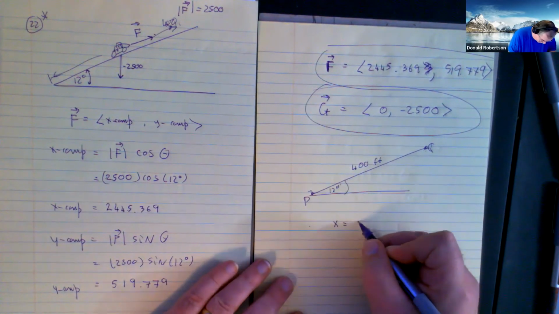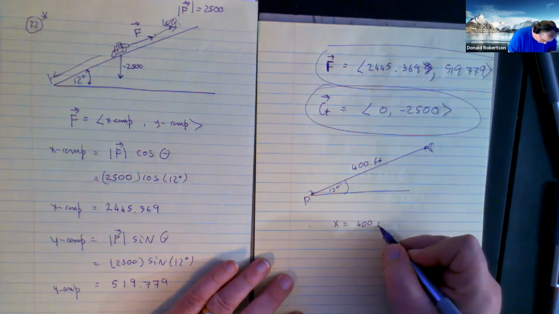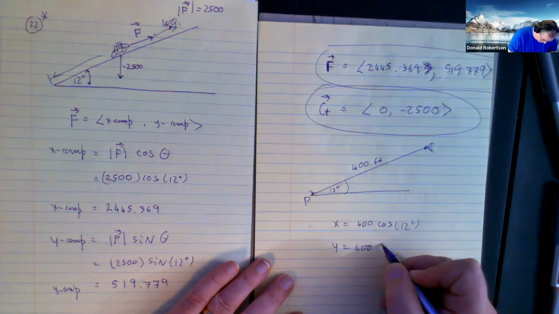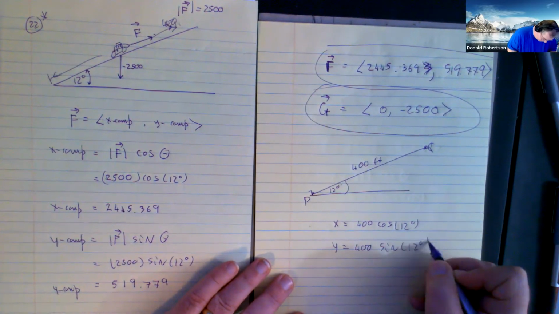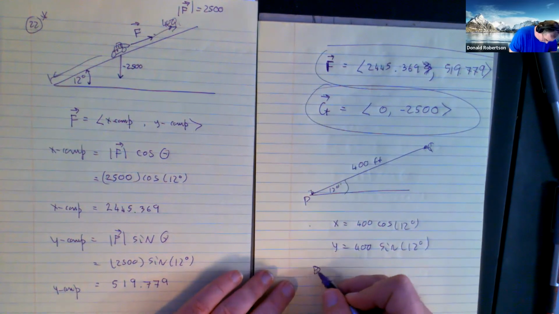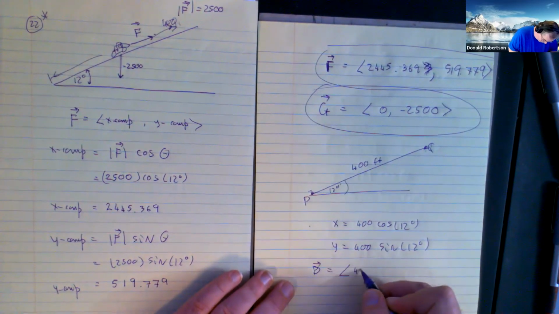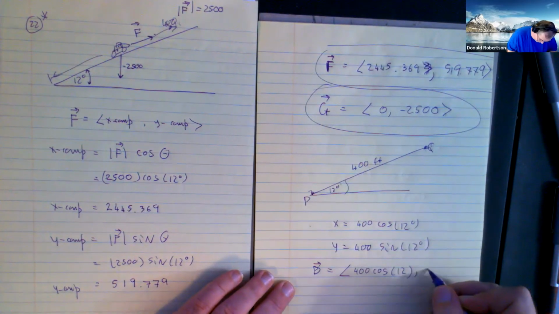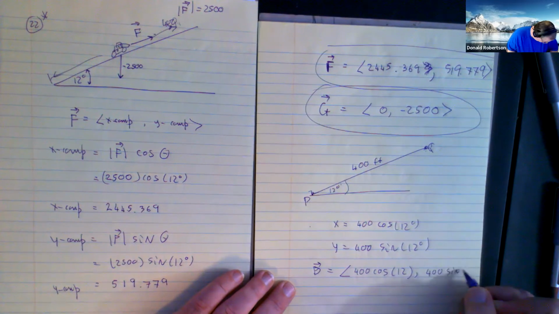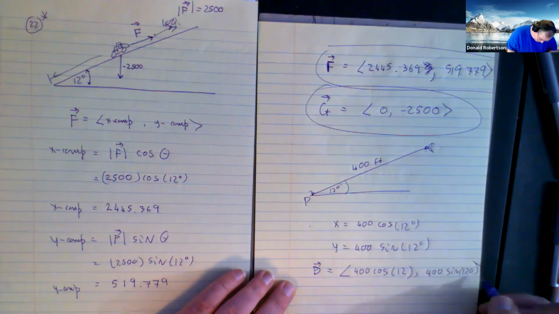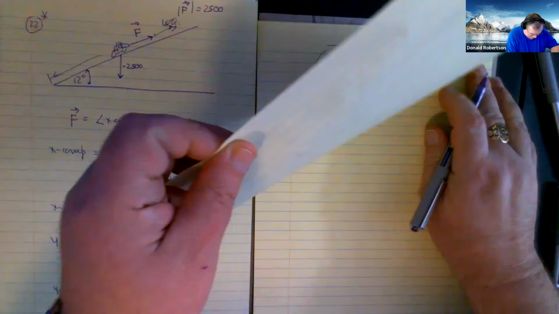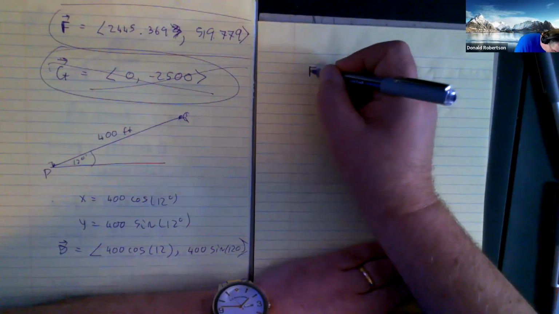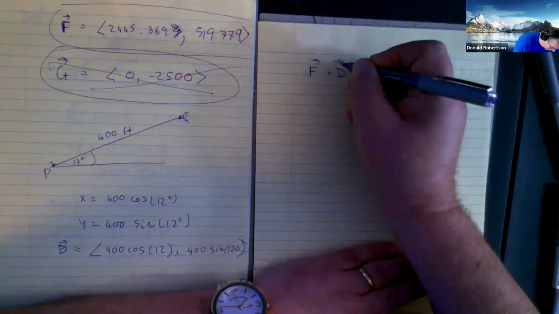So the x component is going to be 400 times the cosine of 12 degrees. Y is 400 times the sine of 12 degrees. And that's going to get me my distance vector. And I'm just going to write these guys down as calculations, because I'm running short of time. What we've got, that's good. So I'm not worried about him right now, but I am going to calculate those two guys.